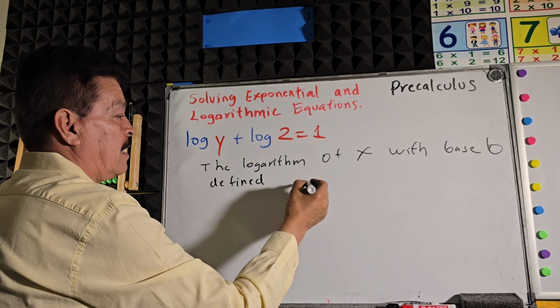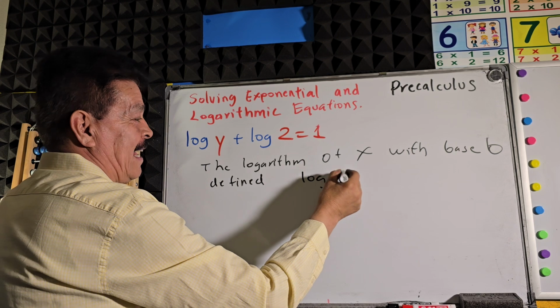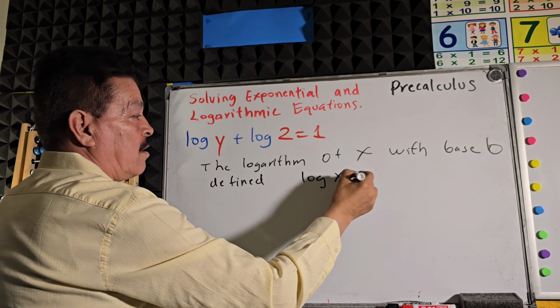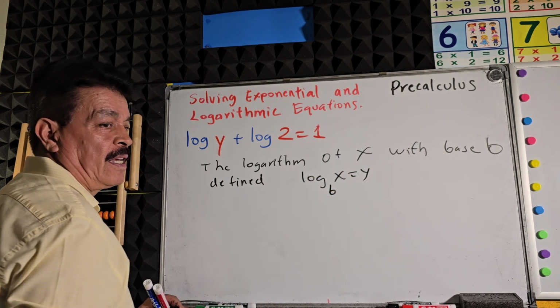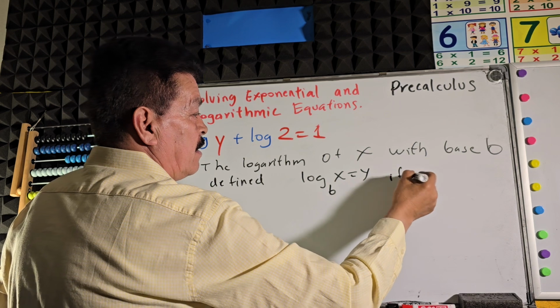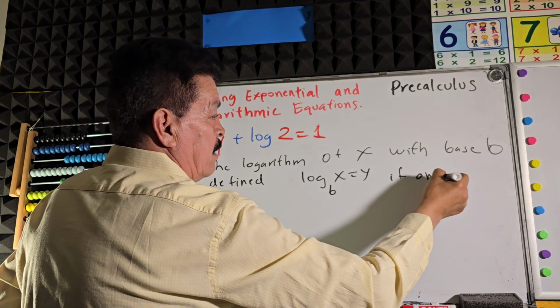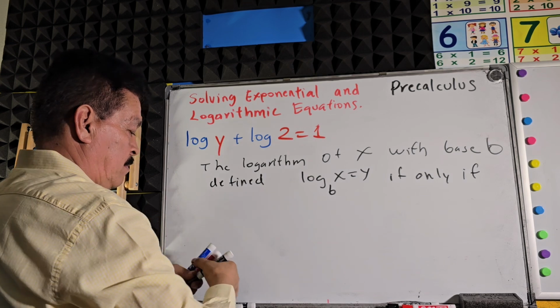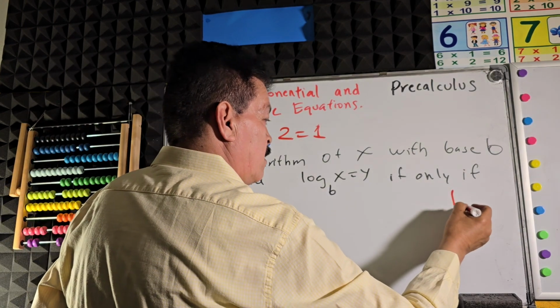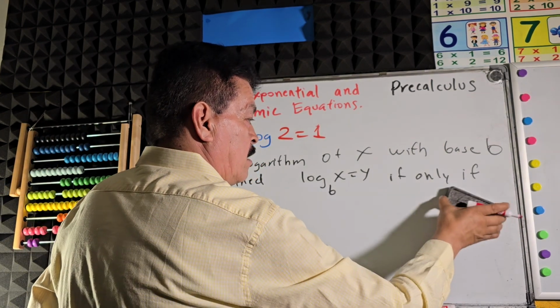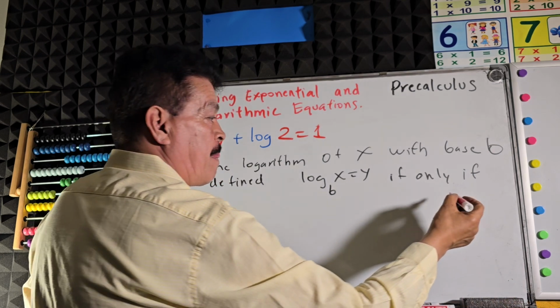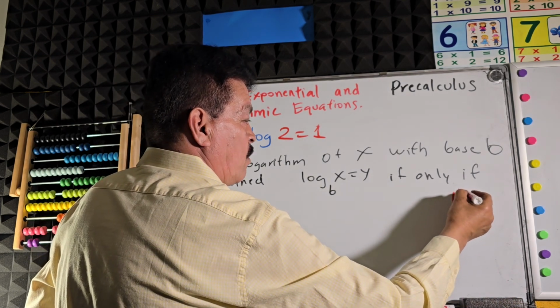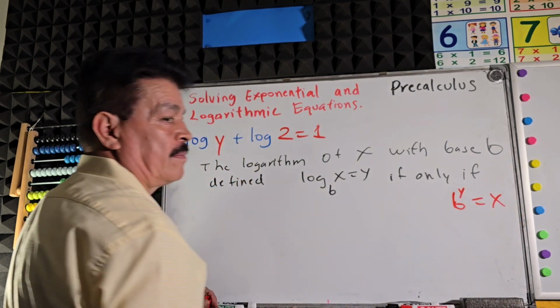Remember, I defined it like that: log base b of x equals y if and only if b to the y power equals x.